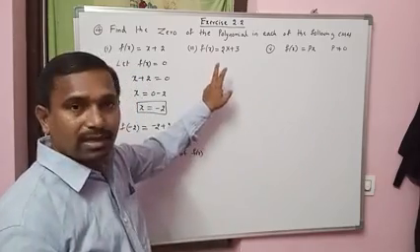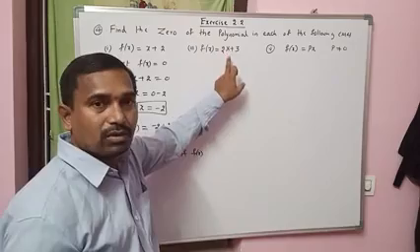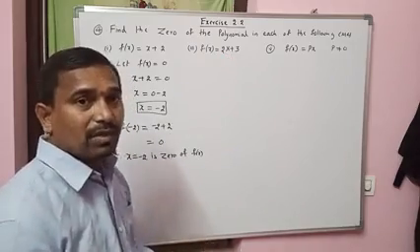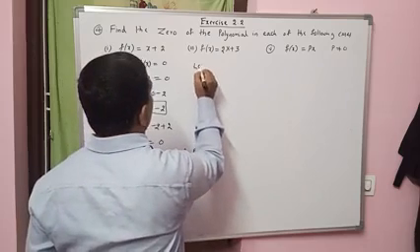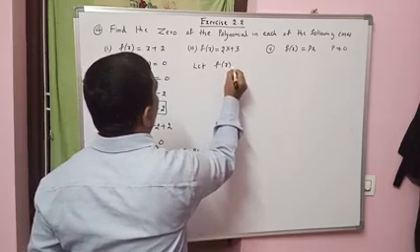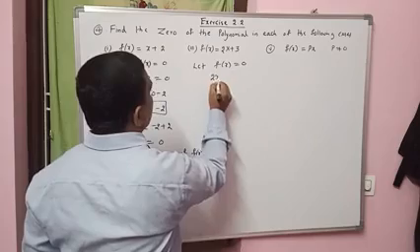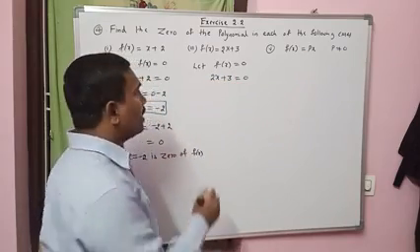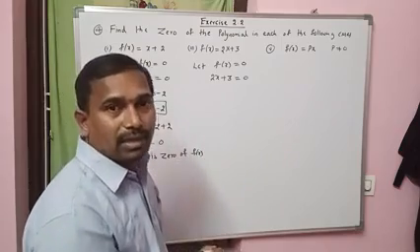Now, let us take another one. f of x equal to 2x plus 3. Same method. What are the steps? First, assume f of x equal to 0, that is 2x plus 3 equal to 0. Now, we need to find the x value.